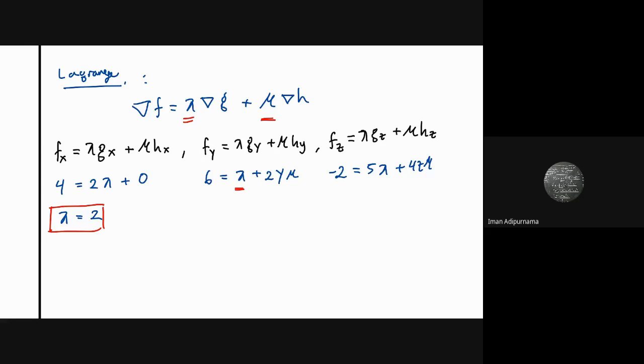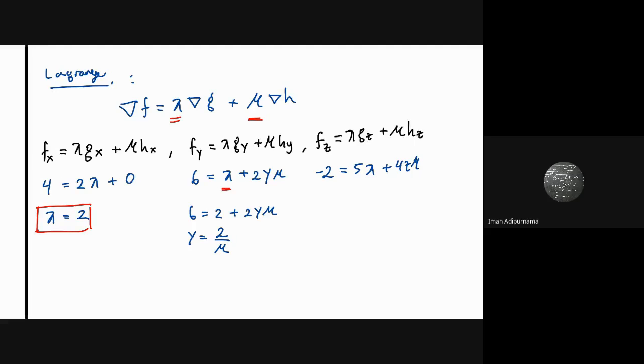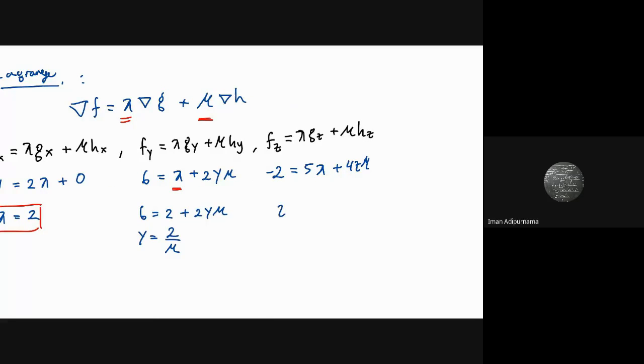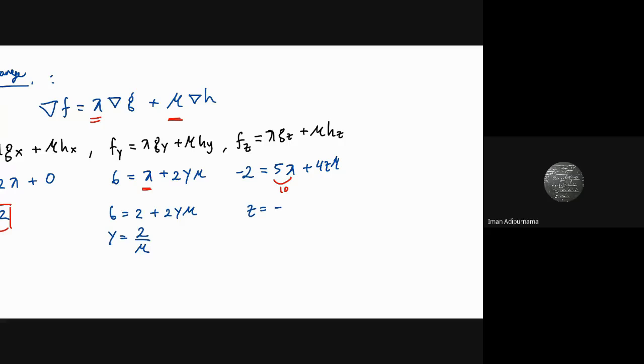So this is 6 and then 2 plus 2y mu, and we can solve this and find that y is 2 over mu. And then z, from here, we can also change this, and it becomes 10, and z becomes -3 over mu.